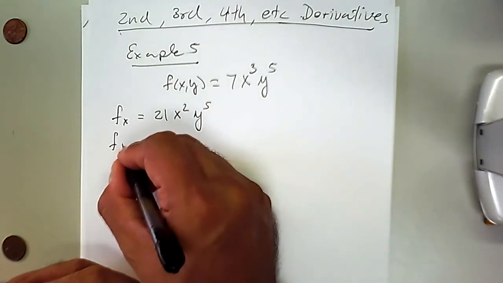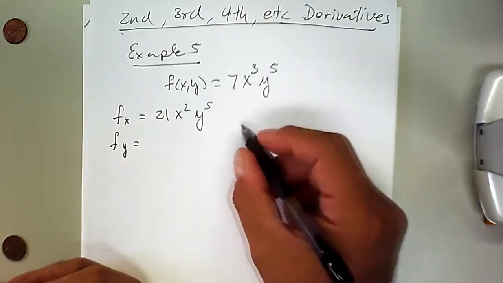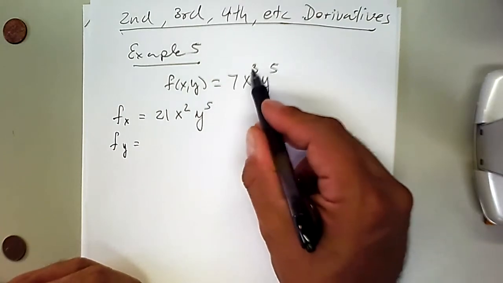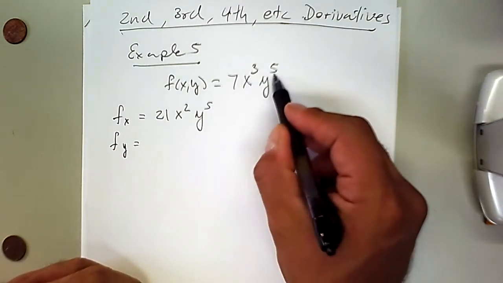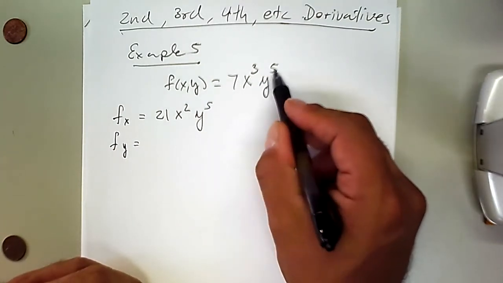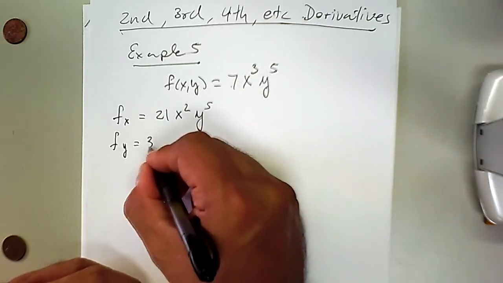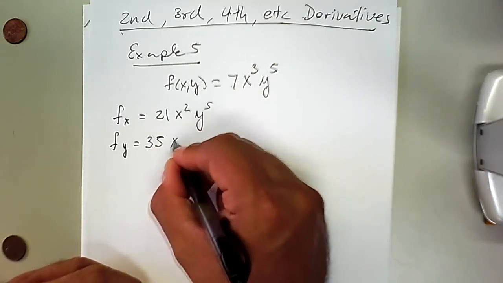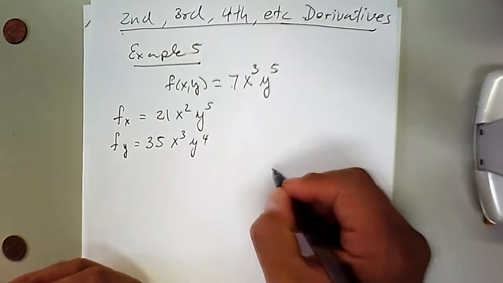Not to be confused with the derivative with respect to y. With respect to y, pretend the other two are constants, so we end up with 5y to the 4, and the 5 multiplies with the 7, giving 35 x cubed y to the 4.